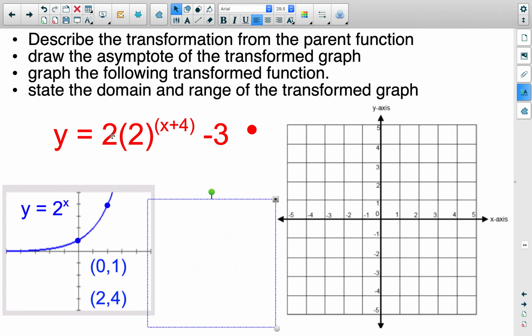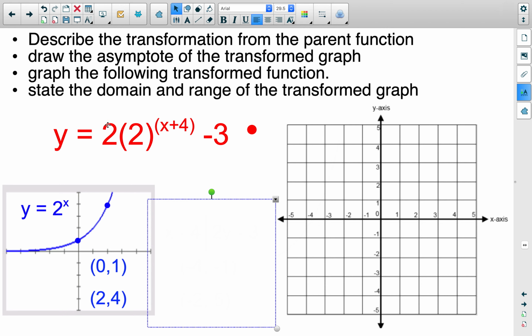Okay, as you graph these now with shifts, I'm just going to remind you we covered a lot of transformations in Chapter 3, but the transformation that is with the x-coordinate is your horizontal transformation. So in this case, if you need to remind yourself, you're going to go to the left 4 because it's always opposite, because it's x minus h. And then whatever you add or subtract after the x, in this case I'm subtracting 3, that's going to be a vertical shift, so I'm going to go down 3.